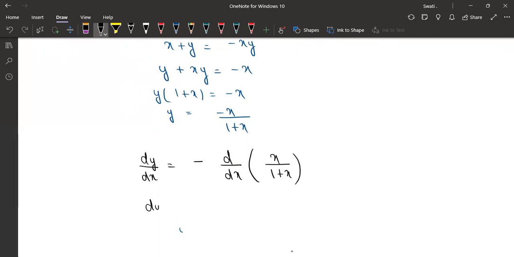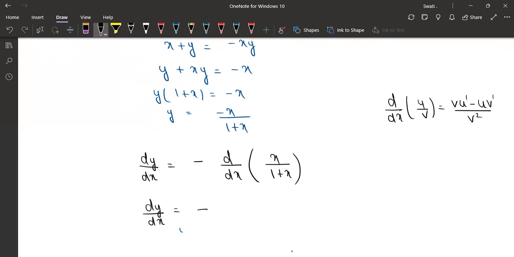Now this dy dx as it is, and here again you can see it's the quotient rule. And what does the quotient rule say? That if we have d/dx of u upon v, we have to keep our v, the denominator, constant and take the derivative of u, the numerator, minus keeping the numerator constant and taking the derivative of the denominator, upon the denominator whole square.